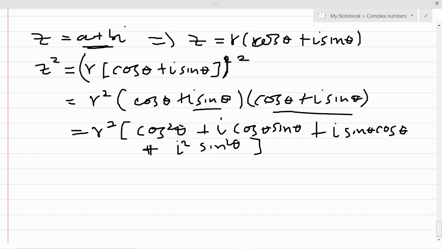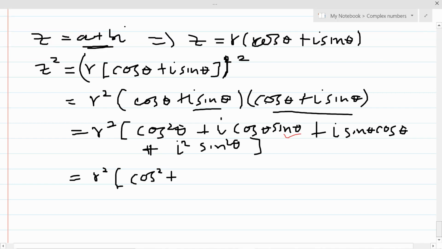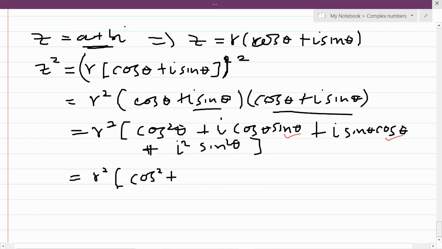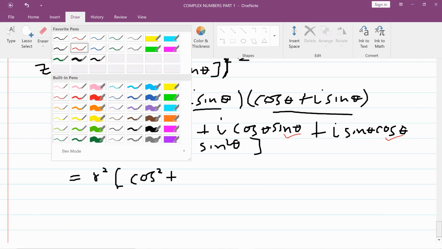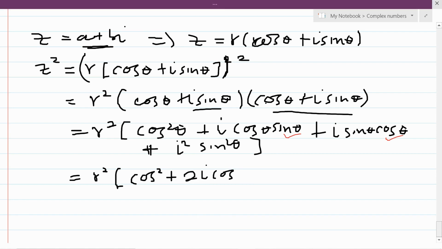How you can see, now this is equal to r squared into cos squared theta plus, look at something here, this side and this side, they are the same. So if they are the same, then I should pick just one of them and multiply by 2, so it becomes 2I cos theta. Or let me write the I first.